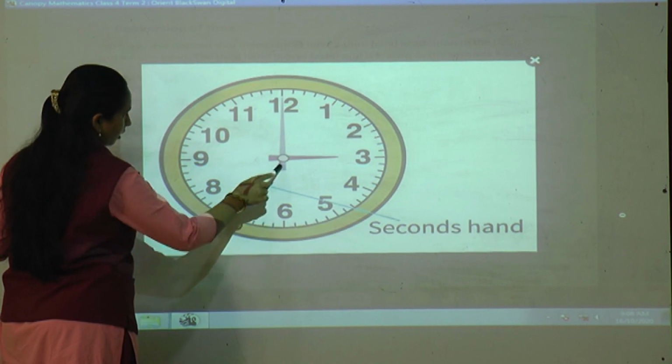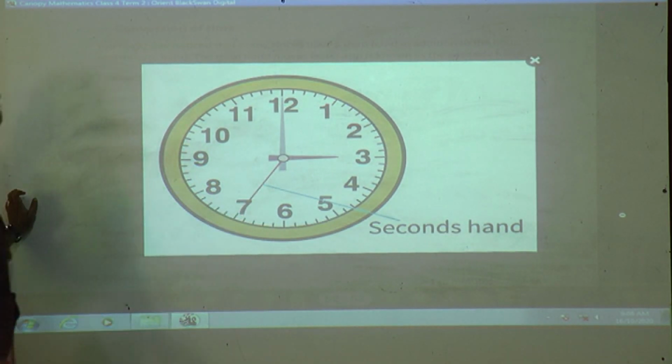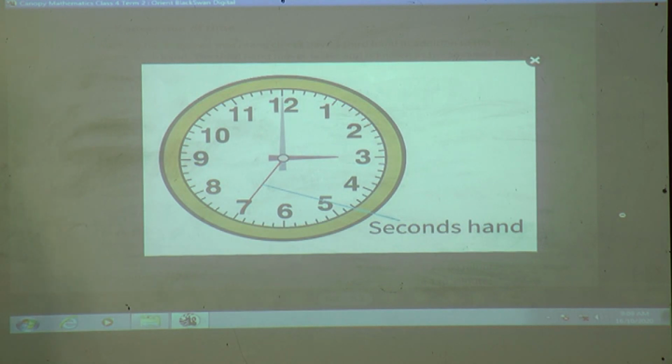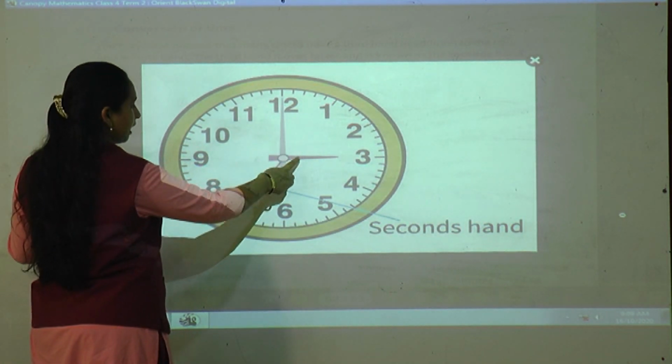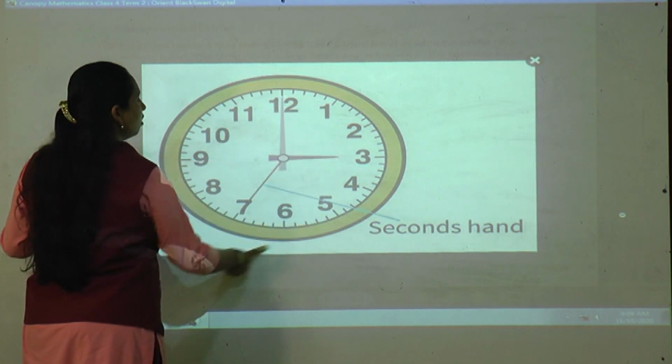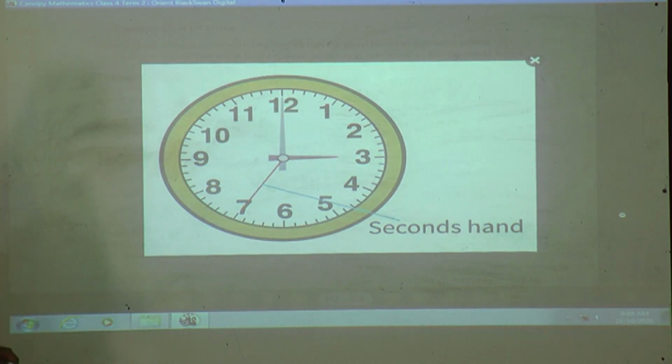This one is the seconds hand. The second hand takes 1 minute to go round the clock face once. So it moves much faster than the minute and hour hands. It moves one full round of the clock face to complete 1 minute.